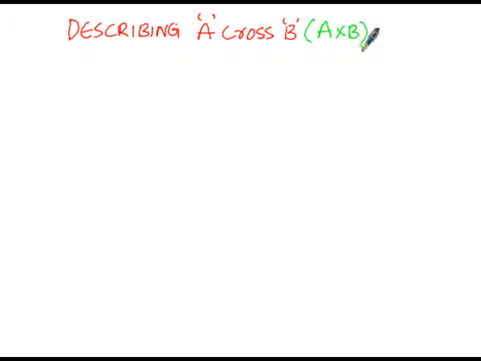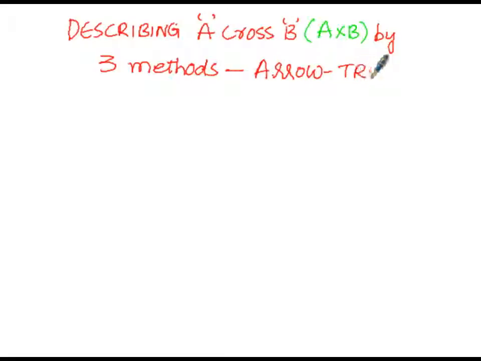So describing the elements of A cross B by means of three methods, say arrow, tree, as well as graphical representations.